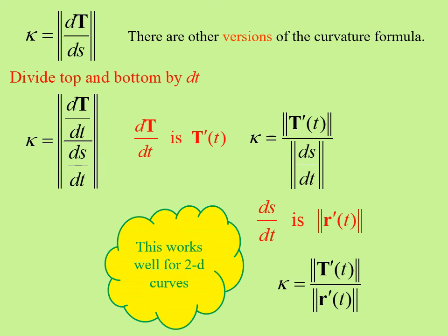So this is another version of the curvature formula that might serve us better than the first one. Notice to use this formula, we still have to find a unit tangent vector so that we can do its derivative and the magnitude of that. And that could be somewhat of a pain.